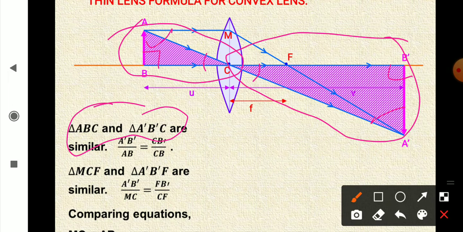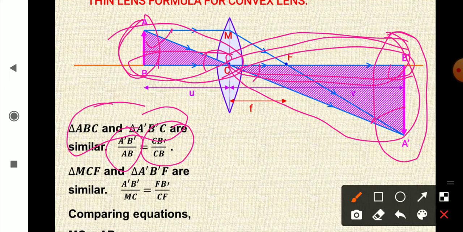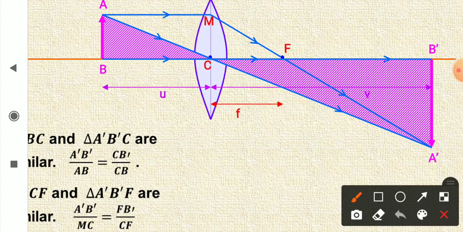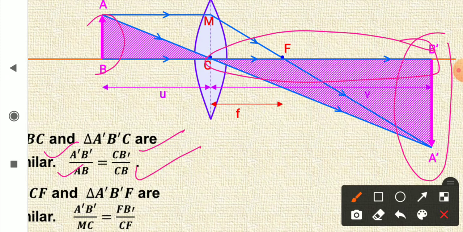So I can write A'B' upon AB is equal to the ratio of the bases of triangles. So A'B' upon AB is equal to CB' upon CB. The ratio of perpendiculars A'B' upon AB is equal to ratio of bases CB' upon CB.